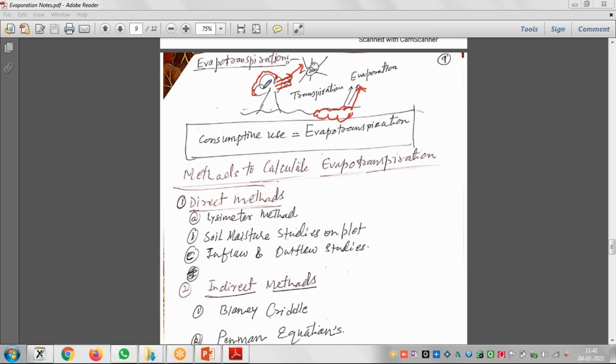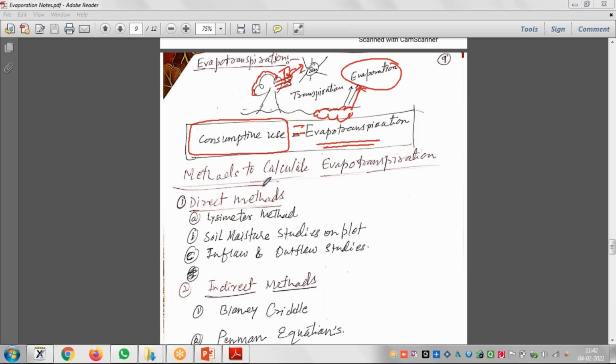When I combine these two, one is called transpiration and the other is called evaporation. Both phenomena combined are called evapotranspiration, which is also called consumptive use. So both are the same.